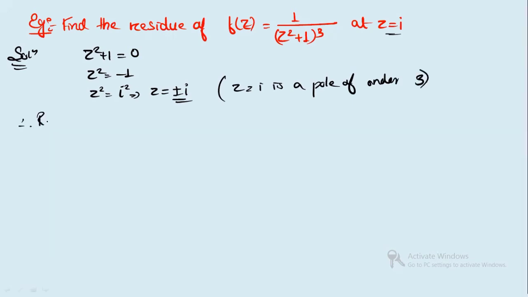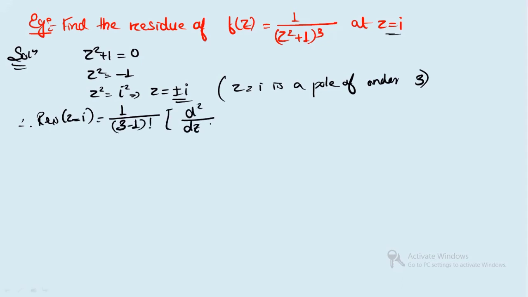So therefore, what you will write? Residue for z equals i will be equal to 1 by (3 minus 1) factorial, and here you will have d square by dz square, because it is 3 minus 1, right?